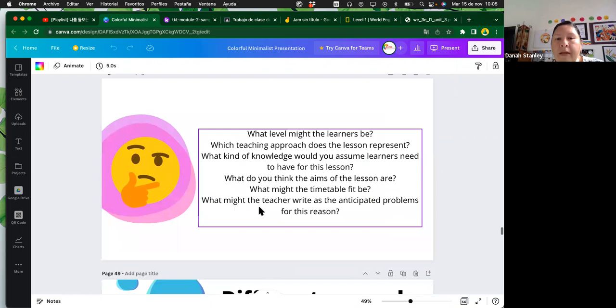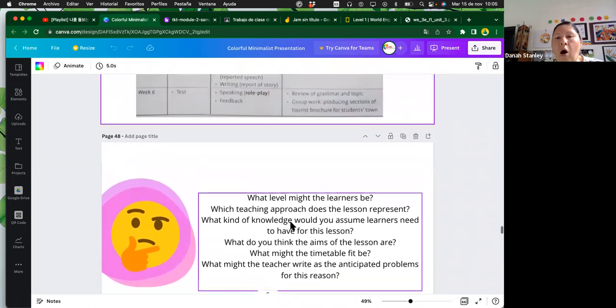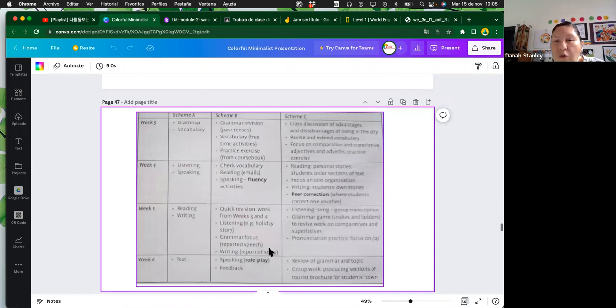Luego, what might the teacher write as the anticipated problems for this reason? You have the comparatives and superlatives. What would be the possible problems and solutions you find in this series of activities?